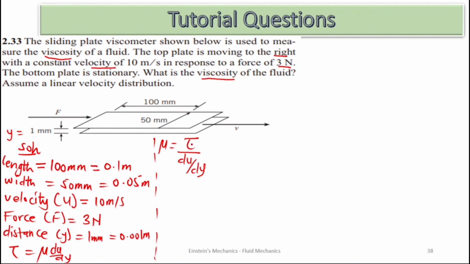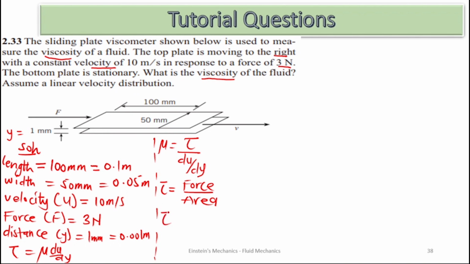So from here, we can find our shear stress from these parameters. We know that shear stress from mechanics is given as the force over the area. Looking at the viscometer, there's a force of 3 Newton acting upon it. And we can calculate the area of the viscometer, which is the length times the width.